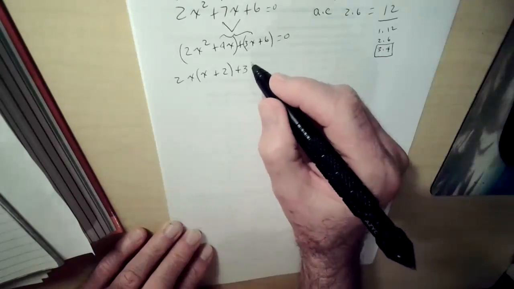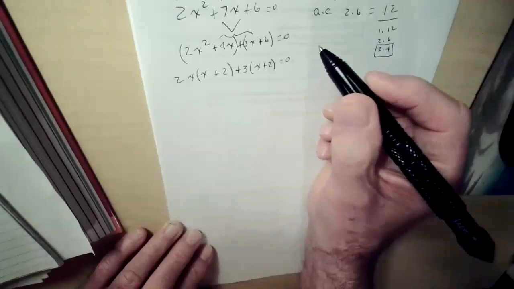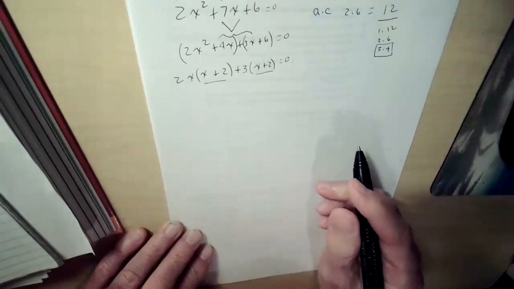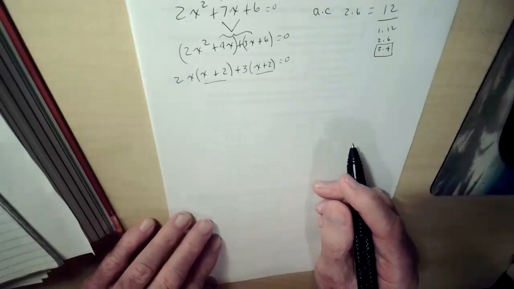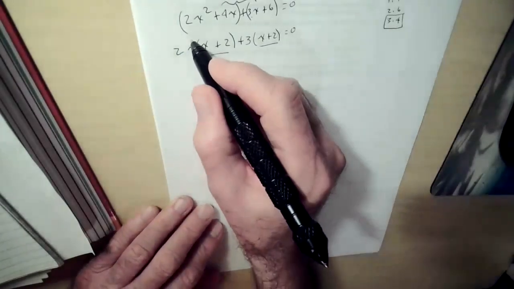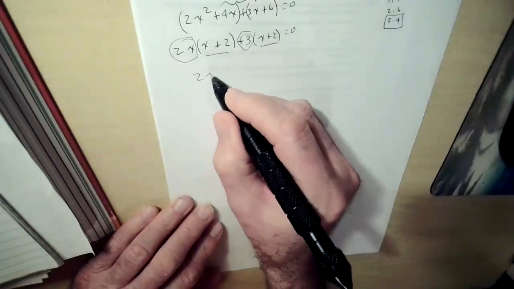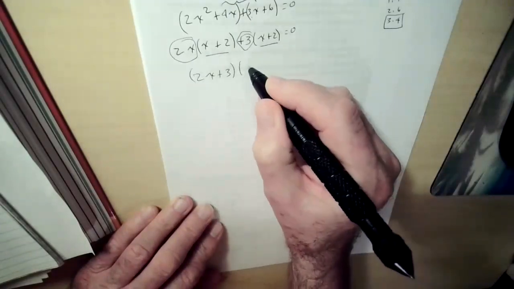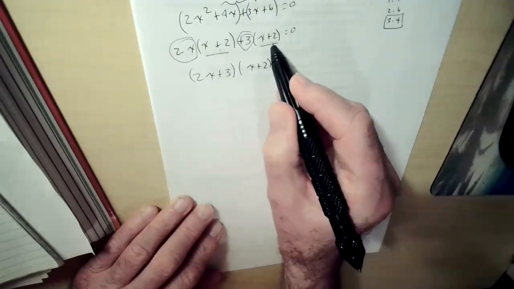3. 3 is a factor of both of these terms. x plus 2. Now, remember what we said the other day? These two terms must be the same. If they're not, something went wrong. Now we have 2x plus 3 times x plus 2.